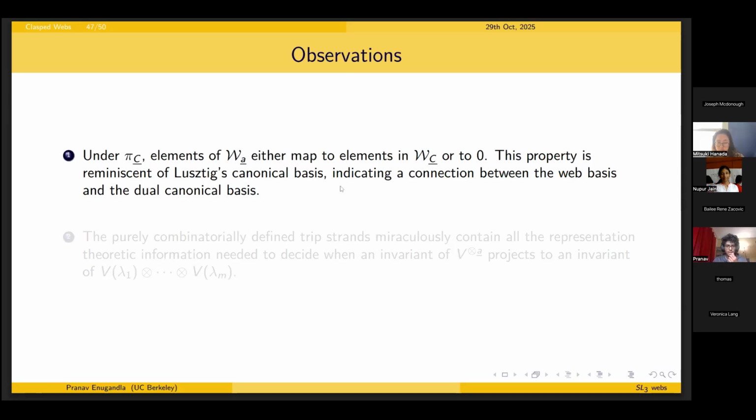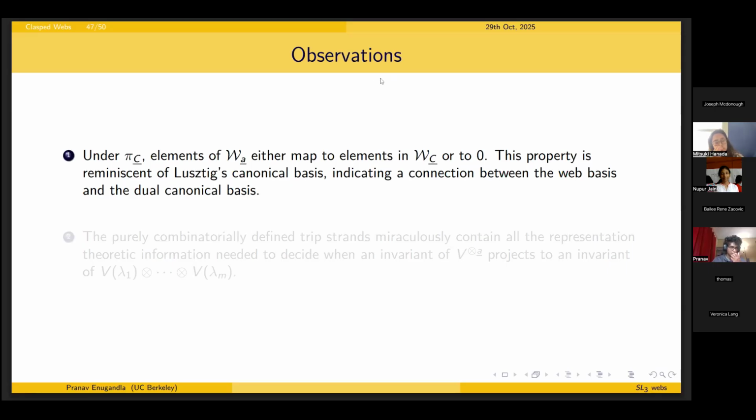We saw that either these clasped webs map to 0 if they're not non-convex, or the ones that are non-convex, whatever they map to, these remain a basis for my target space. It's actually a very special property. If you have any map of vector spaces and you pick a basis for the first vector space, it's not clear that the things that don't map to 0 under this map should form a basis for the second vector space, right?